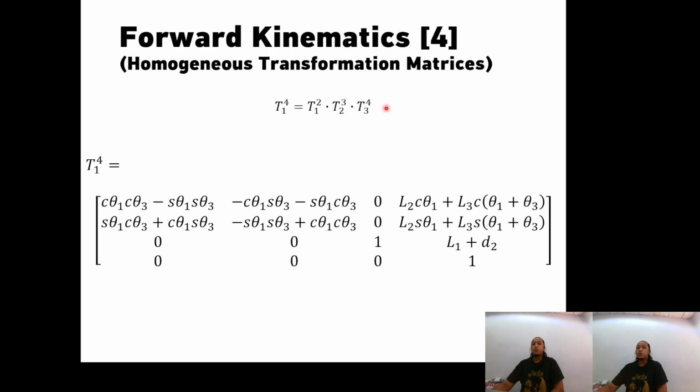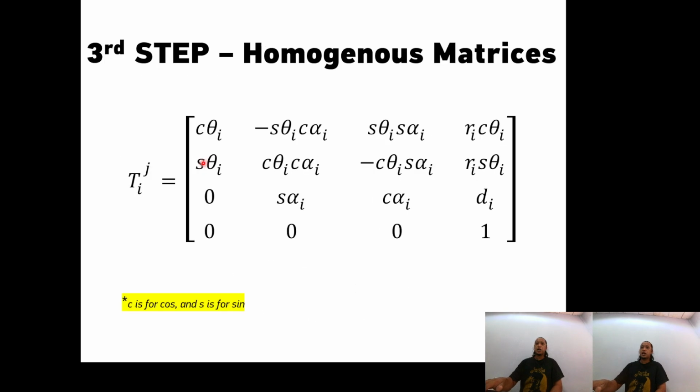It's the multiplication of frame 1 to 2, frame 2 to 3, and 3 to 4. We summarize it as this. This is the forward kinematics, the homogeneous transformation of this RPR robot.